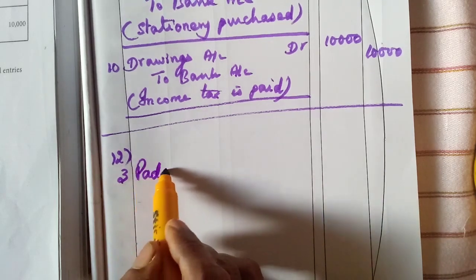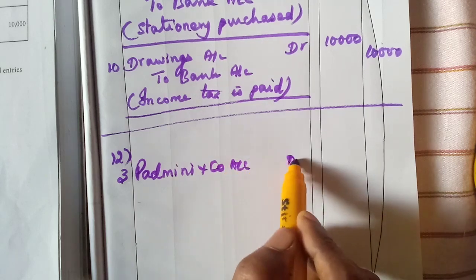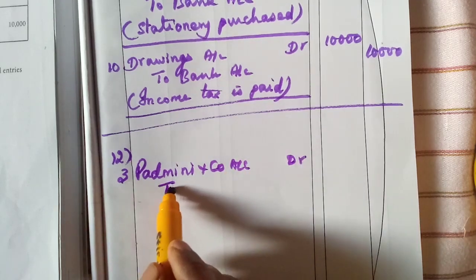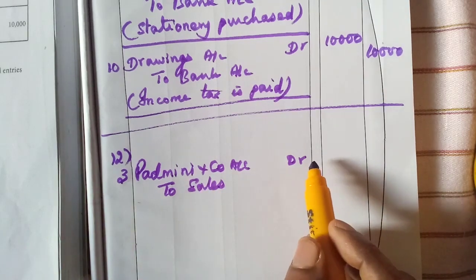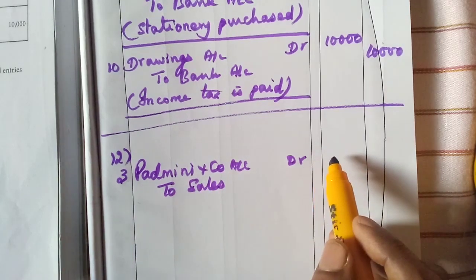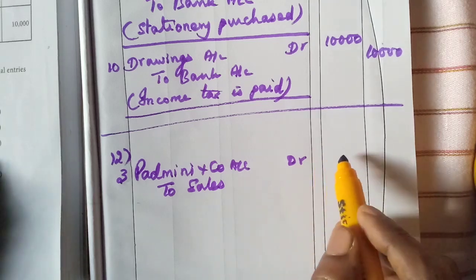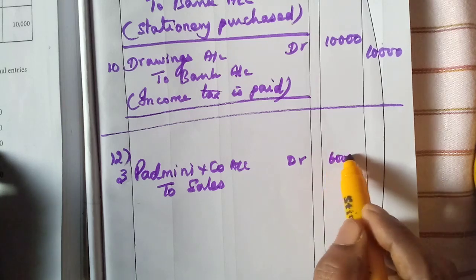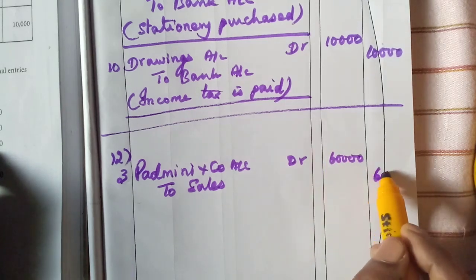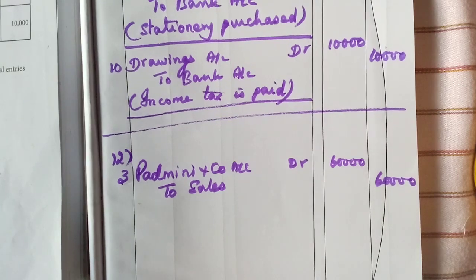Padmini and Co. account debtor to sales account, isn't it? Narration I am not writing, okay, otherwise it will take more time. I may not be able to upload that video if it goes beyond some time. Okay, 60,000.